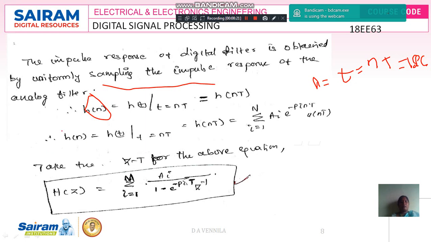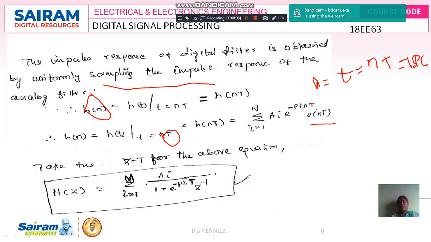Now h of n equals h of t where t tends to nT. Wherever t is there, you substitute nT. You will get summation i equal to 1 to n of a i e power minus p i nT into u of nT.